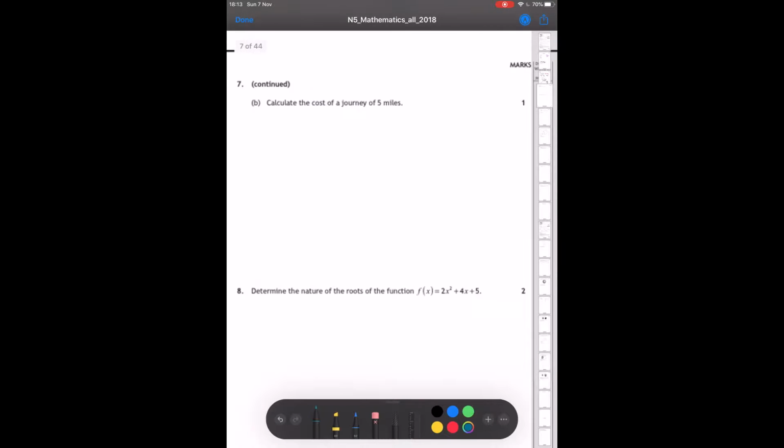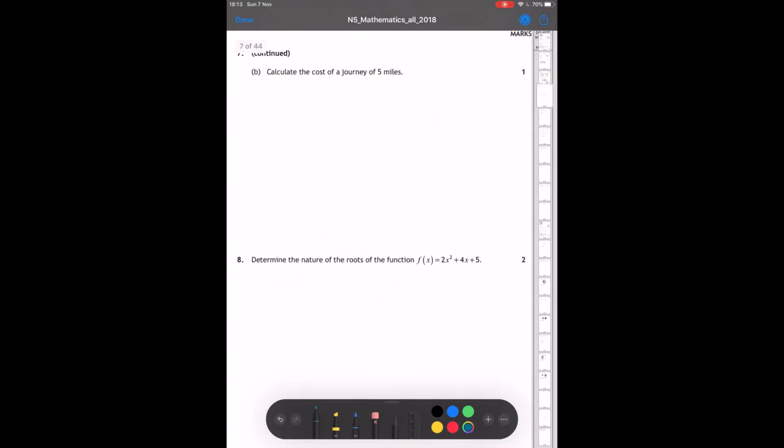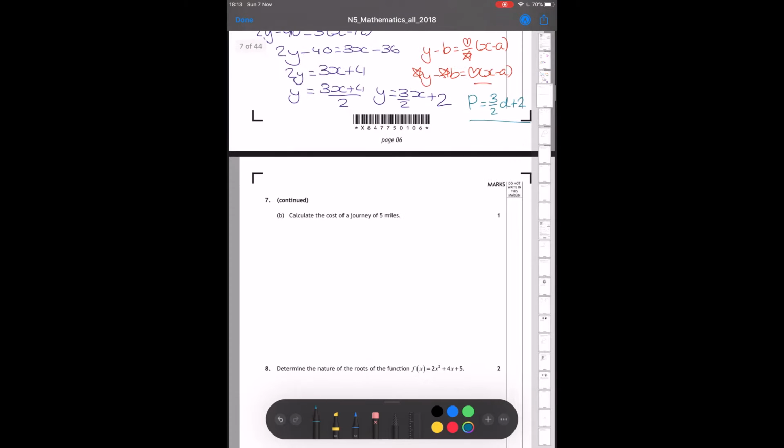So now we're trying to find P, which is fine because we have an equation that includes P. And we know our D value because our D value is miles, and they've just told us miles there. So, substituting this in, actually, write it out first. So we know what our P is, we know what our D is because we're getting it told there. So 3 over 2 times 5 plus 2.